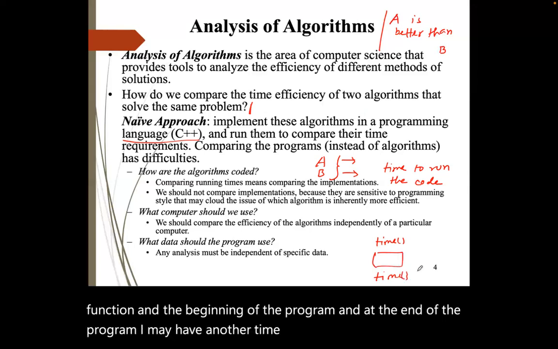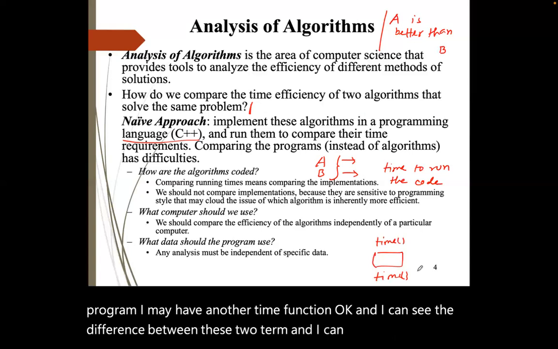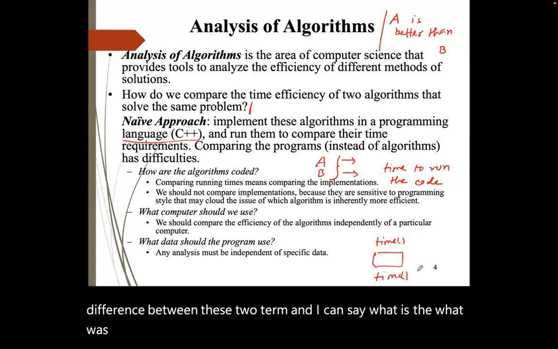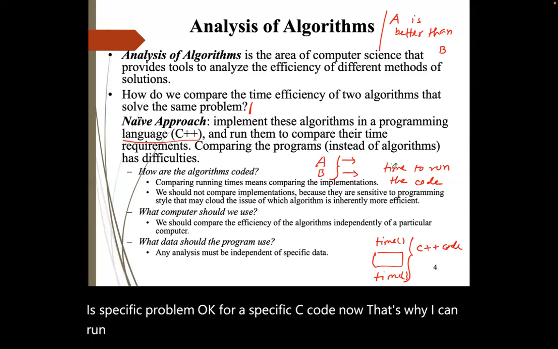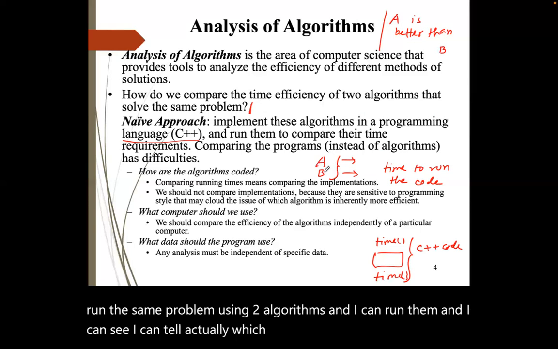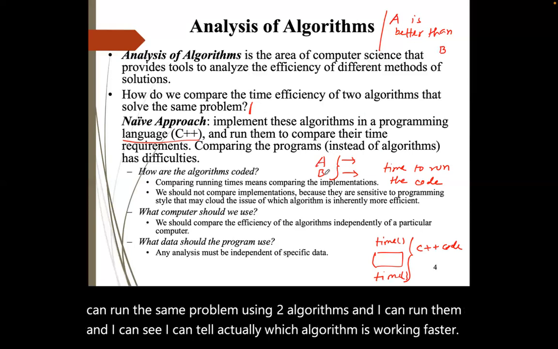I can see the difference between these two times, and I can say what was the exact runtime for a specific problem, for a specific C++ code. That's why I can run the same problem using two algorithms, and I can tell which algorithm is working faster.